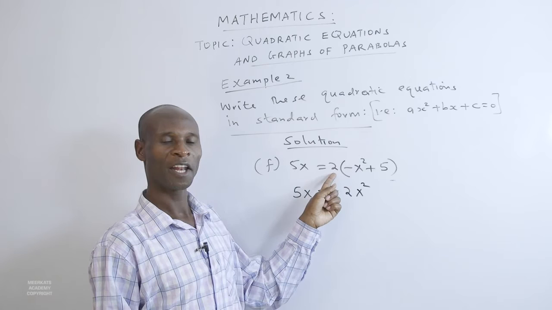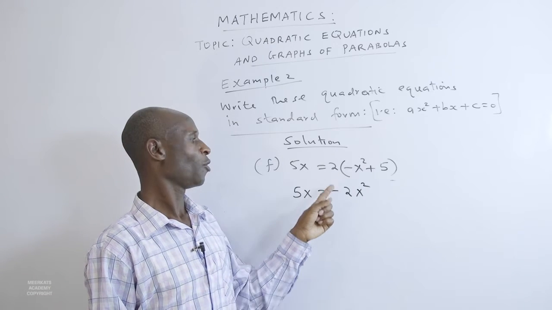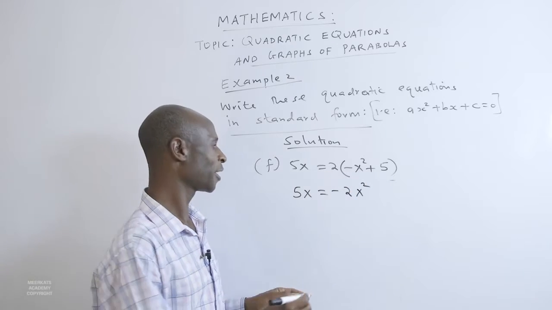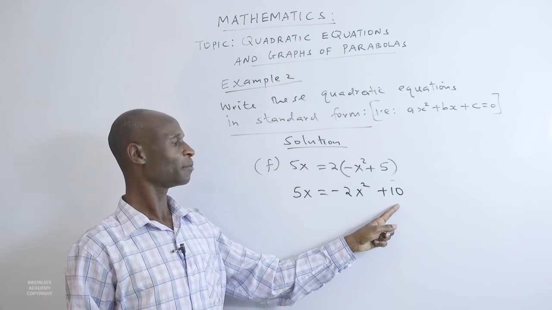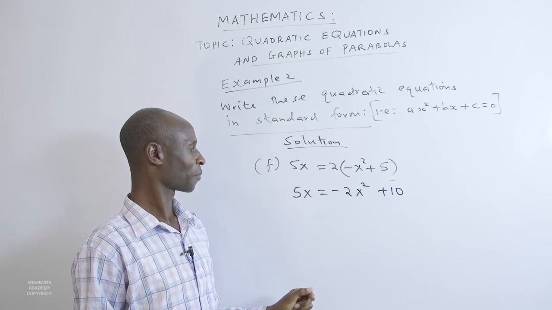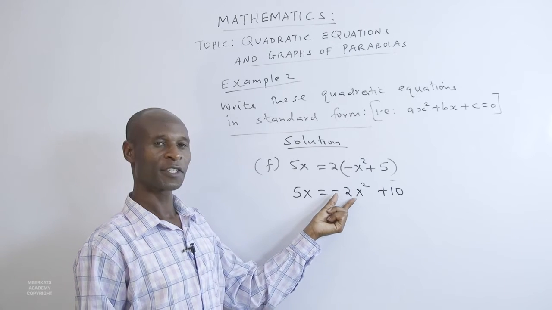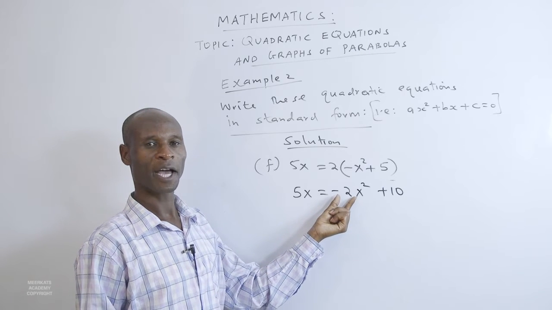Then what is the value when you multiply 2 times 5? When we multiply 2 times 5, the value we get is 10. So we write plus 10 because 10 is positive. Then, by looking at it, again, we find that the quadratic term is on the right-hand side.